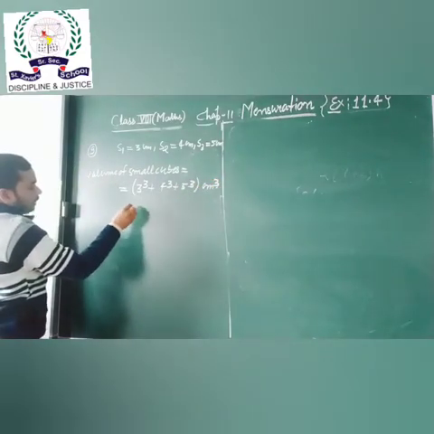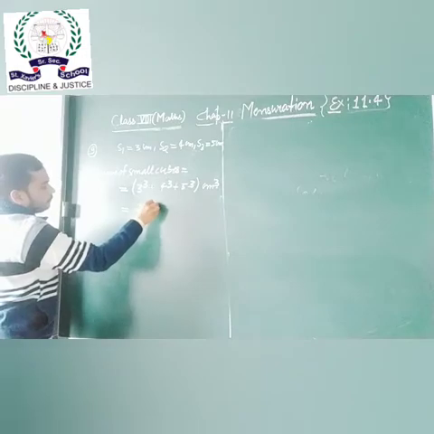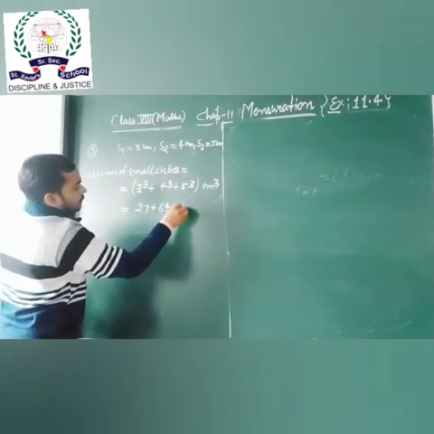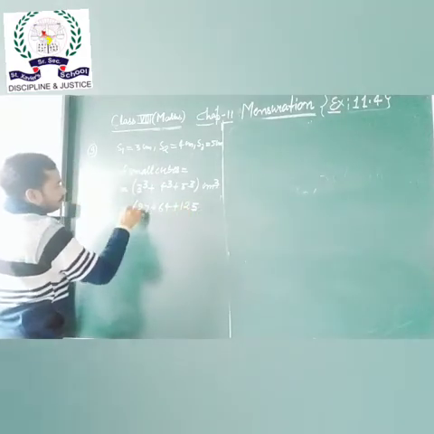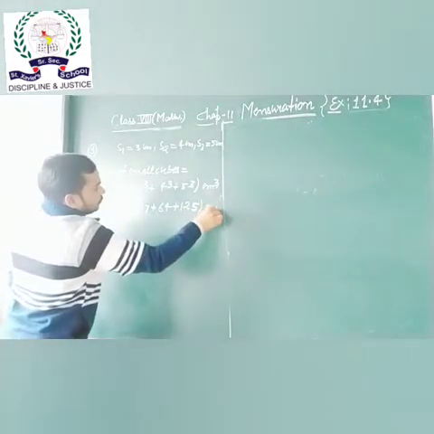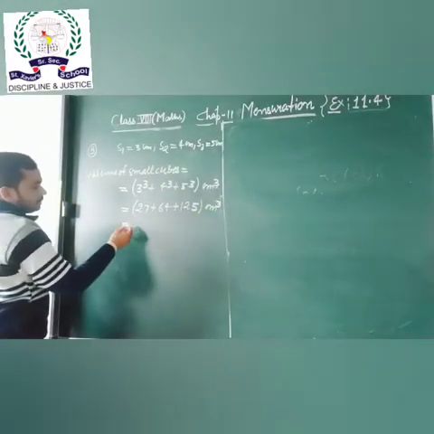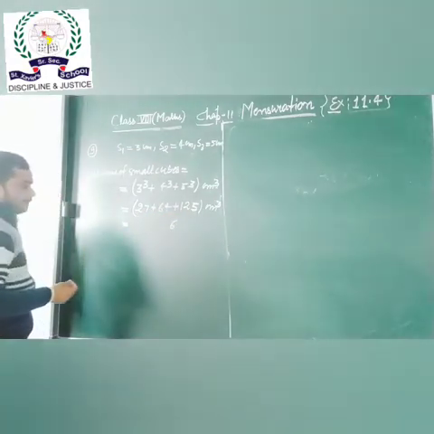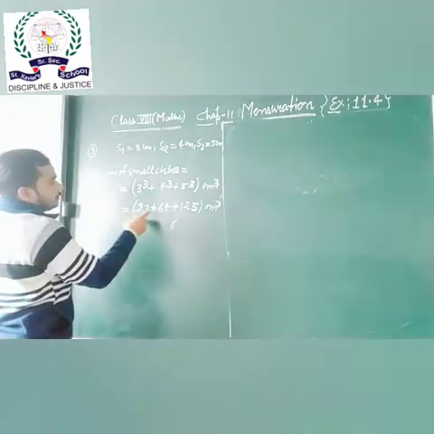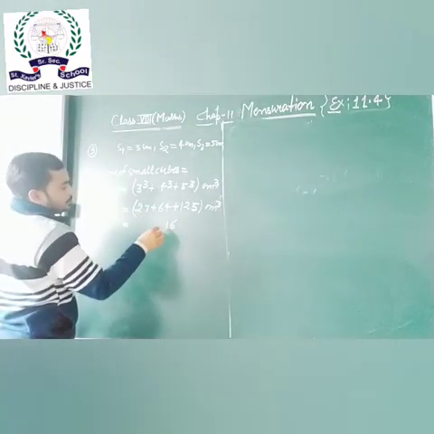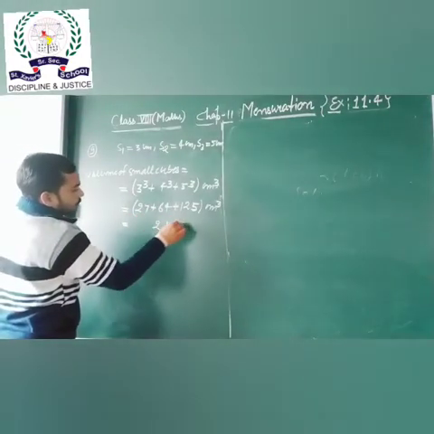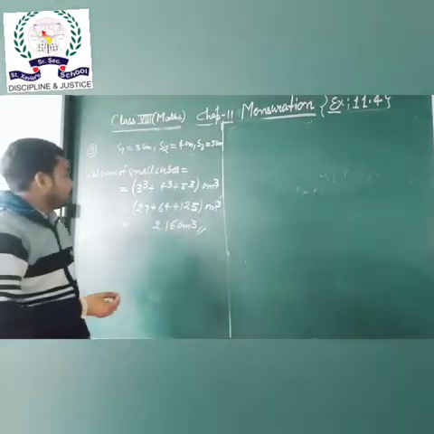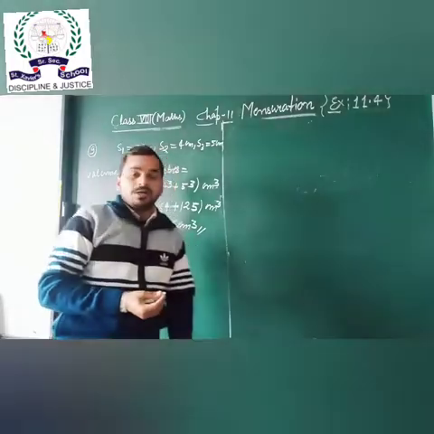So 3 3s are 9, 3 9s are 27, plus 4 4s are 16, 4 16s are 64, and plus 5 5s are 25, 5 25s are 125 centimeter cube. Then add: 7, 4 is 11, 5 is 16, 1 is carry 2, 1 3 6, 3 9, 9 2 11, 1 plus 1 is 2. 216 centimeter cube. So this is the volume of all three small cubes.